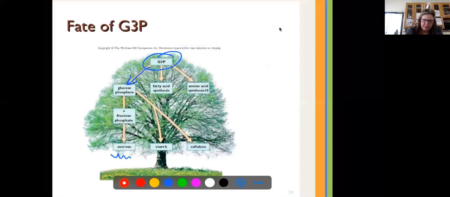We can also take the glucose and make our starch and our cellulose, our cell walls. So we have our storage and our structural support. We can also go to lipid synthesis and make different lipids. We could also go and make the different amino acids that we will need so that the plant can make proteins.